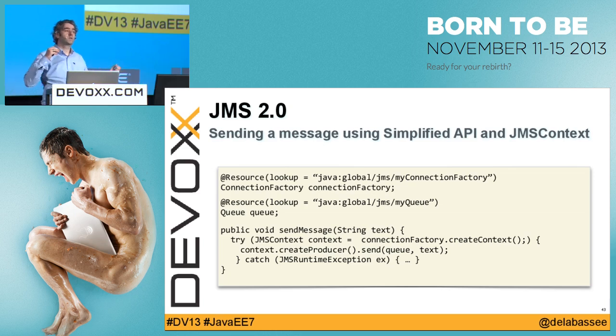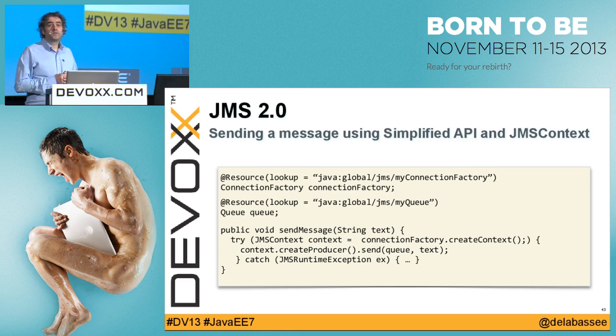So you don't have to create a connection, you don't have to create a session. It's basically handled for you behind the scenes. Then once you have a JMS context, you can have a producer. It's a lightweight replacement for the message producer we had in JMS 1.1.